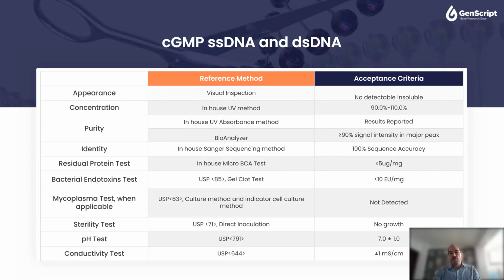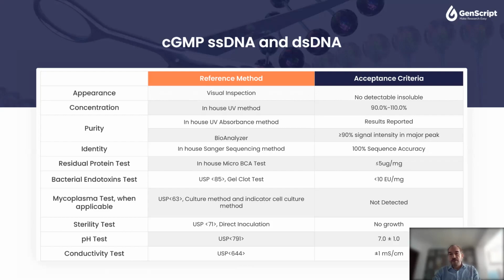In cGMP, we can also produce the HDR templates, single-stranded DNA and double-stranded DNA templates, again with very high quality requirements: no insolubles, very high concentration matching our concentration requirements, with a specific purity report.